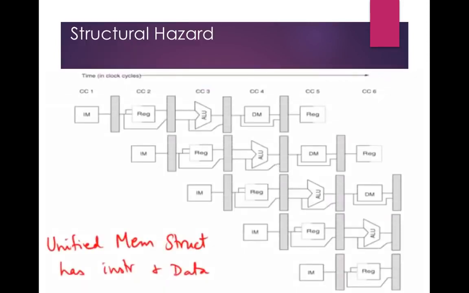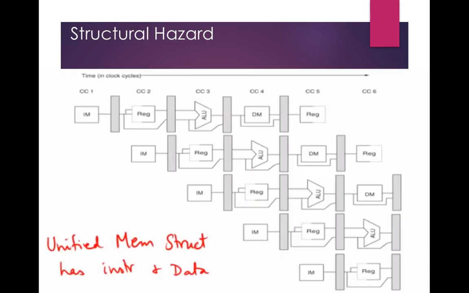So first, structural hazard. When I see the five stage pipelining, initially at clock cycle 1 we fetch the instruction, and the next is the decode part, and also we fetch all the operands that are required. At clock cycle 3 we go for the execution that is done by the ALU, at clock cycle 4 we go for storing the data into the memory, and clock cycle 5 again stores back the result into the registers according to the instruction.